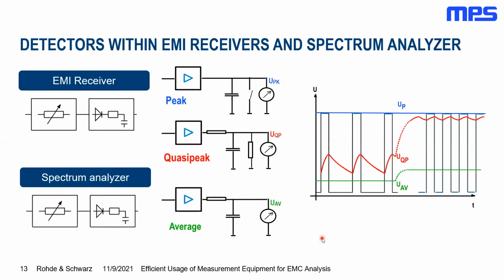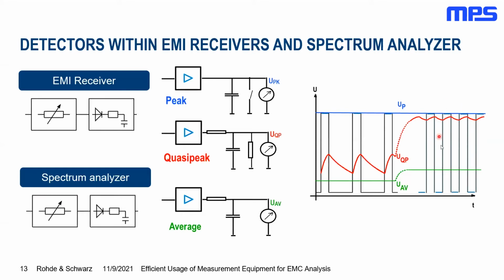And if we think about short examples, we are seeing from this PWM signal, the wider the gap gets, the quasi-peak will lower down to the average value. The peak, of course, stays at the peak level. And if we are getting a shorter interval for this 0-1 switching, let's say like that, then we are seeing the quasi-peak goes up to the maximum peak voltage.